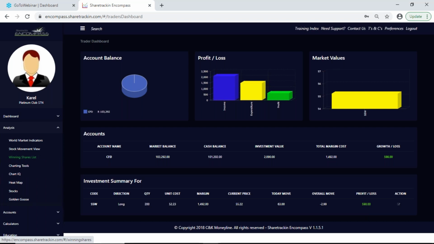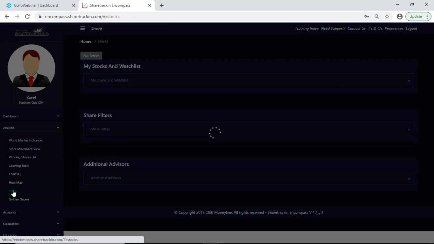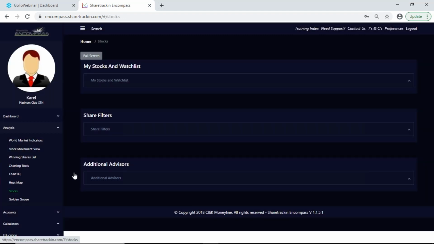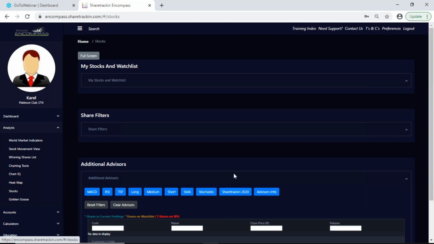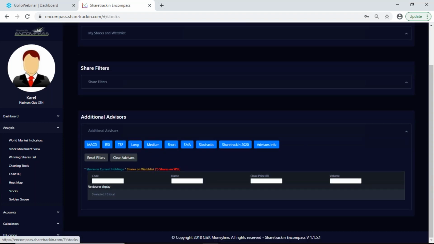So for us to find a share to buy, I would go to analysis, I would go to stocks, I would wait for it to open, I would go to my additional advisors. Now most of you would know the additional advisors. You would know that you use a long and a stochastic, or that you use a long and a RSI to indicate signals.